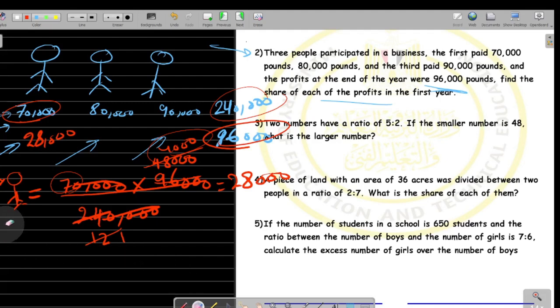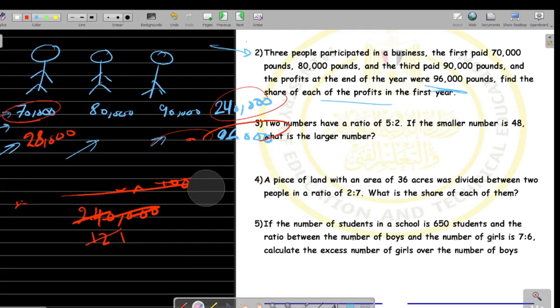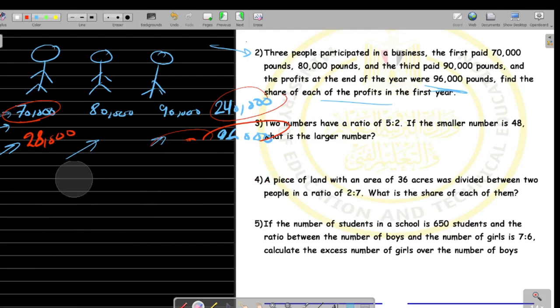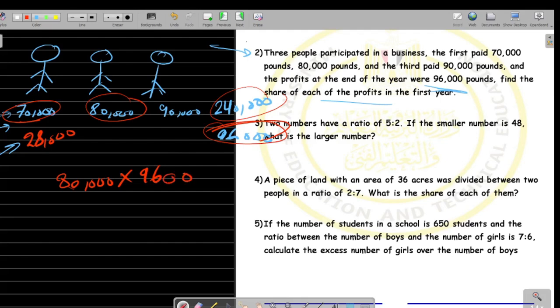Okay, let's solve the second one. To know his share, extremes times the means, as you know, it will be 80,000 times 96,000, divided by 240,000.